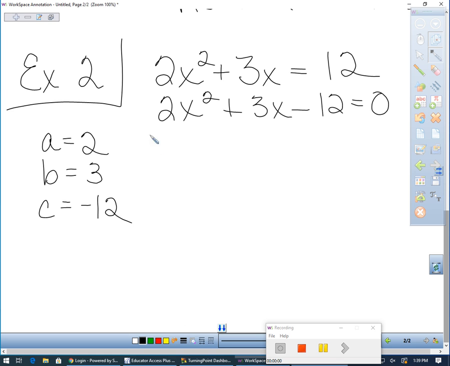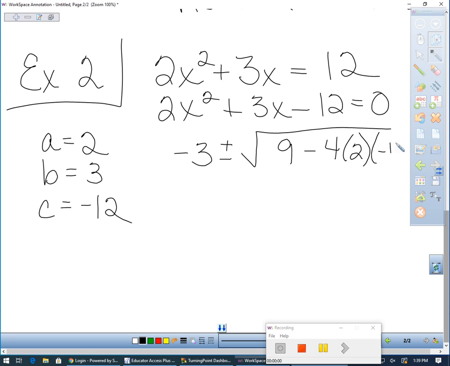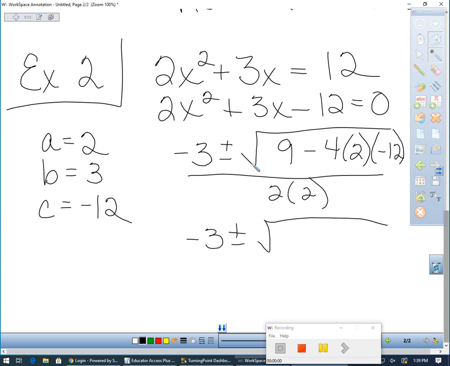So negative b, which is negative 3, plus or minus the square root of b squared, which is 9, minus 4 times a times c, all over 2a. So again, we start by simplifying inside the square root. So I have negative 3 plus or minus the square root of 9 plus 96.